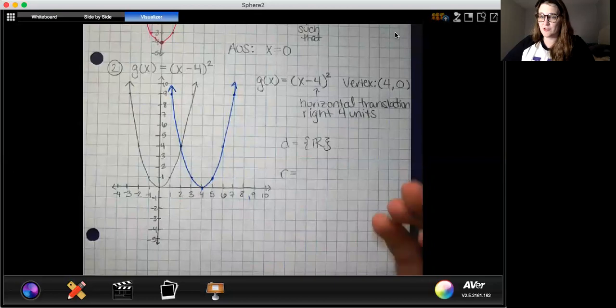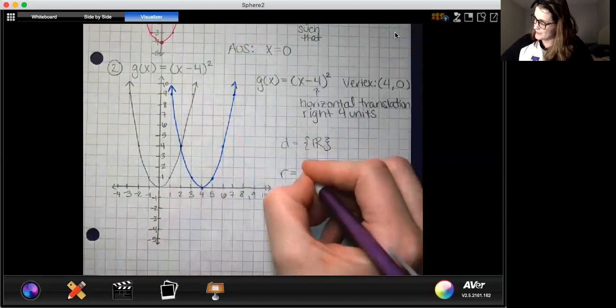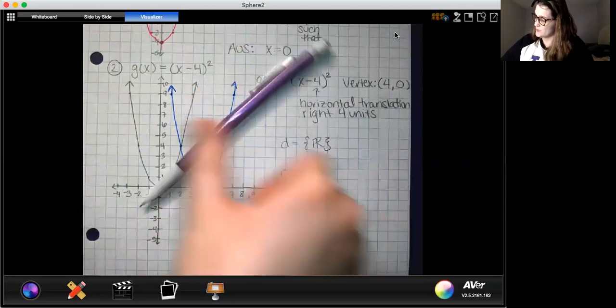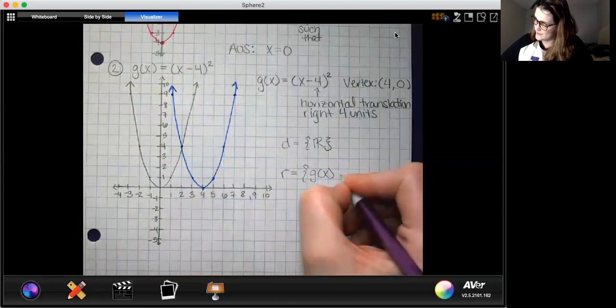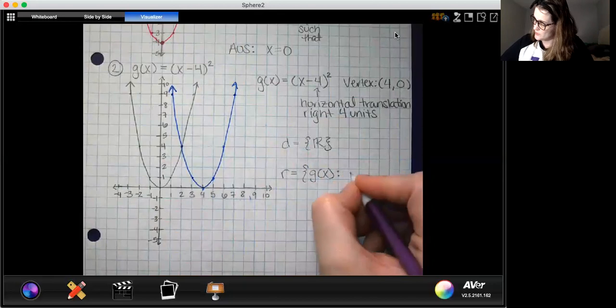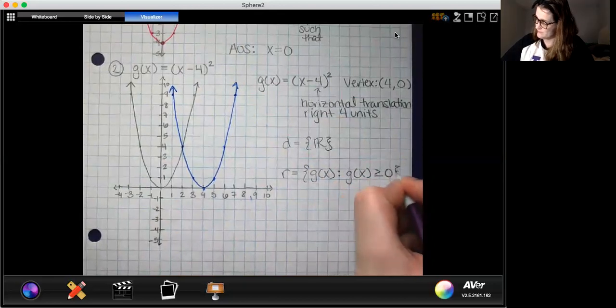Yes, because restriction for range would be up and down. And I don't have any negative y values. So therefore, all my values are greater than or equal to 0. So my range would look as such. So we do our y value, which is g of x in this problem, such that g of x is greater than or equal to 0.